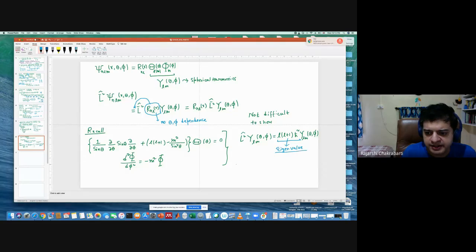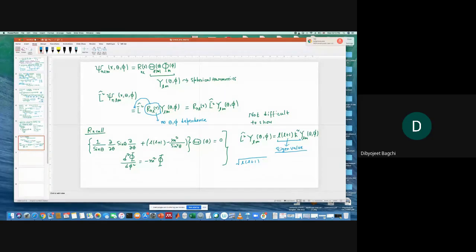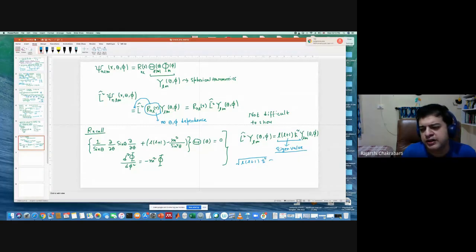And if I take this quantity, L squared is for the vector, the orbital angular momentum. This will give me the length, the magnitude of angular momentum.